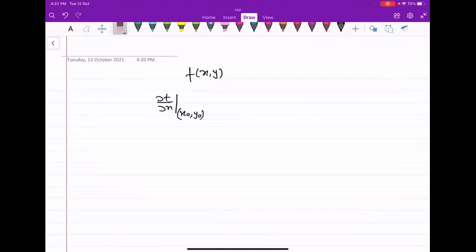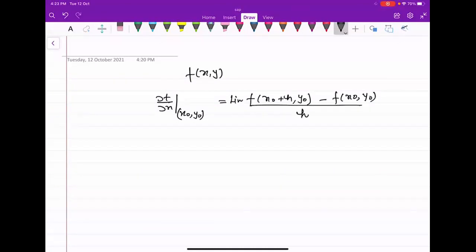Then it is defined as the limit as h tends to 0 of [f(x0 + h, y0) minus f(x0, y0)] upon h. So this is the definition of the partial derivative of the function f with respect to x.